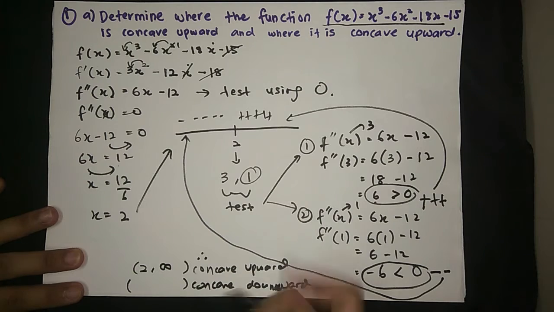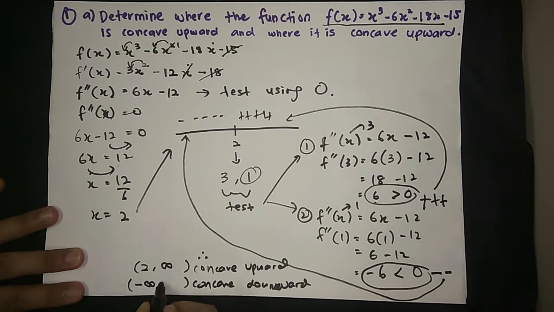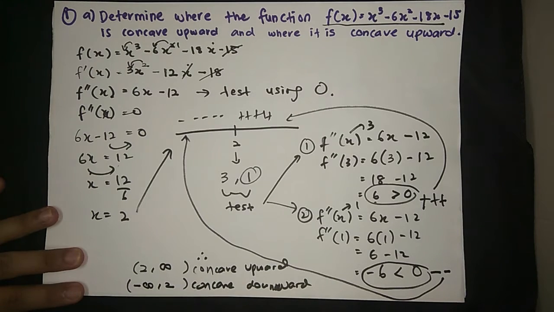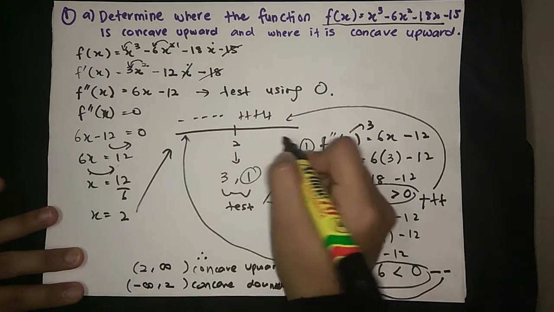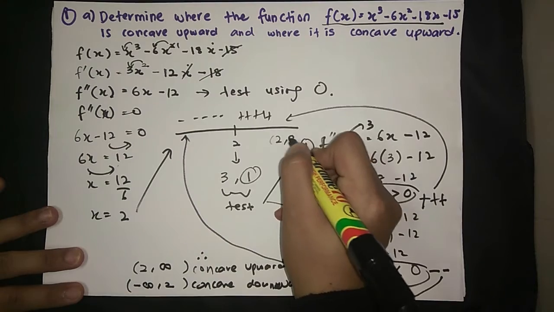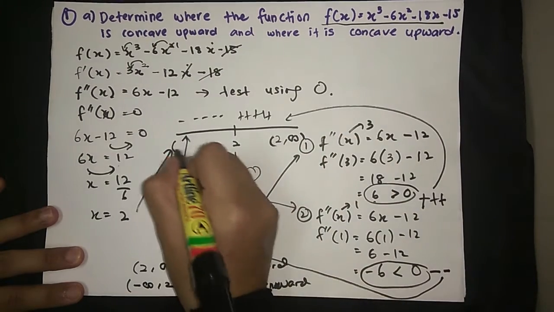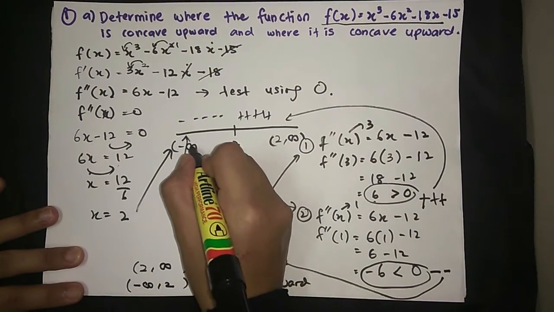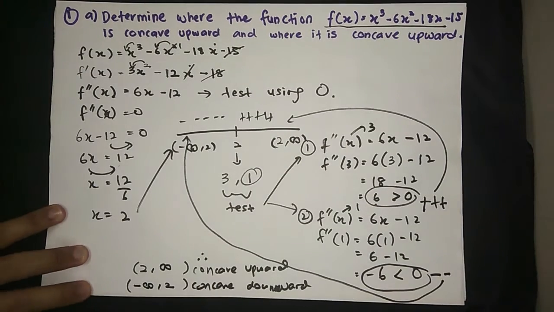And the concave downward is the left one, because it's negative, so it's negative infinity until 2. Alright, so we get the concave upward and concave downward intervals. So yeah.